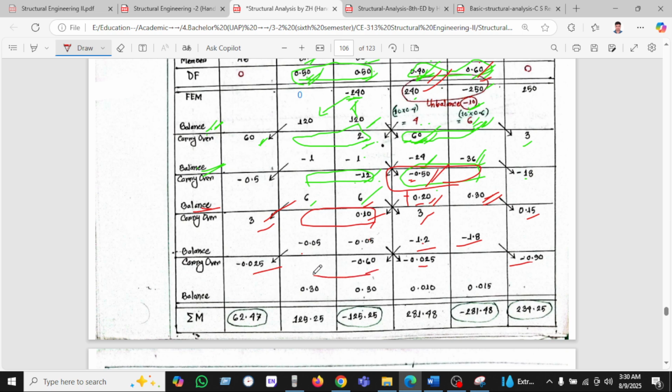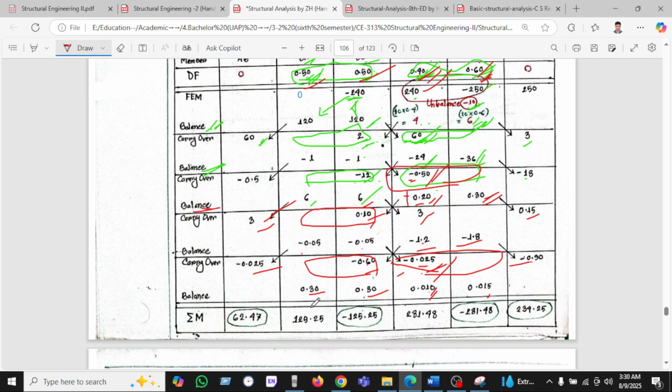This is the last one. We can see here 0.60 into 0.5, which is 0.30. And 0.025 into 0.40 will be 0.01, and 0.025 multiplied by 0.60 will be 0.05.